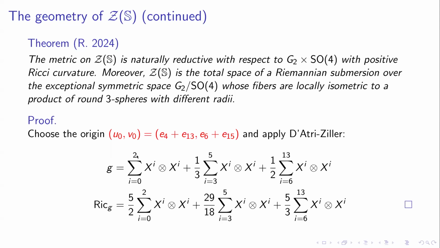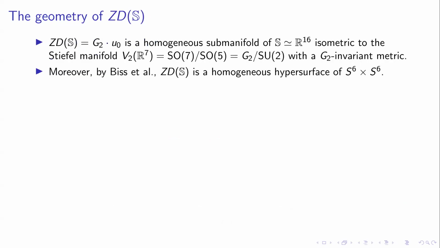Here we have the invariant metric, and the invariant metric rescaled, and also the invariant metric in the orthogonal complement. So the metric is naturally reductive with respect to this presentation. We can compute the Ricci curvature using the theorem, or we can compute explicitly the Ricci tensor and see the other path. Well, this is about the geometry of the zero divisor as pairs.